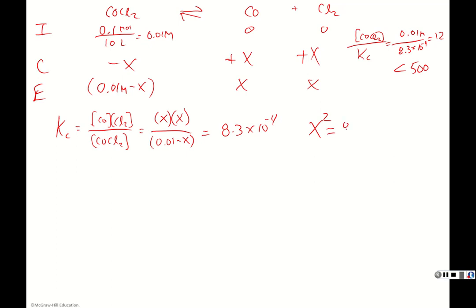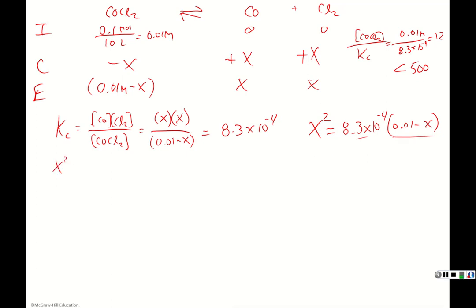equals 8.3 times 10 to the minus 4 times 0.01 minus x. Okay. And if we distribute this side through, what do we get?